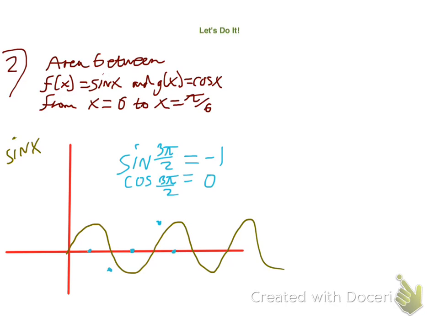Right? If this is pi, and then this is 3 pi over 2, then that is 2 pi. This is, wow, 1 pi over 2 unit after 2 pi. Crazy.